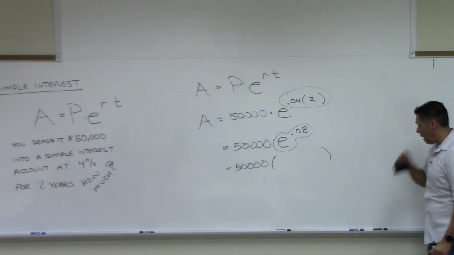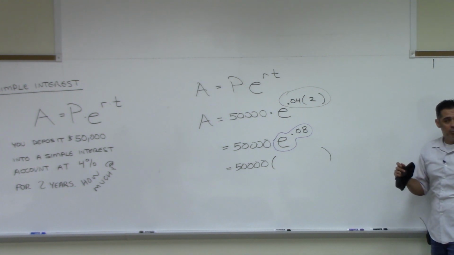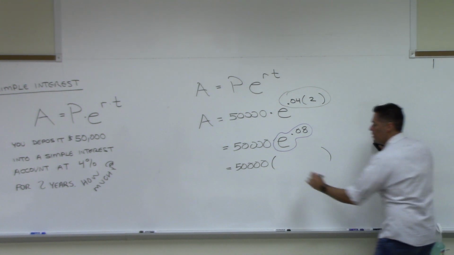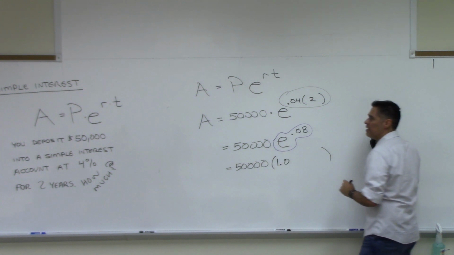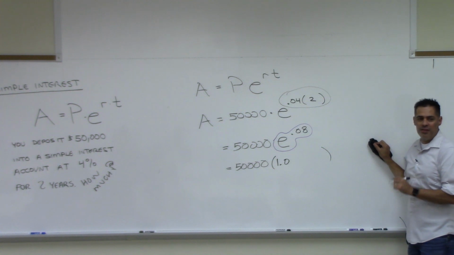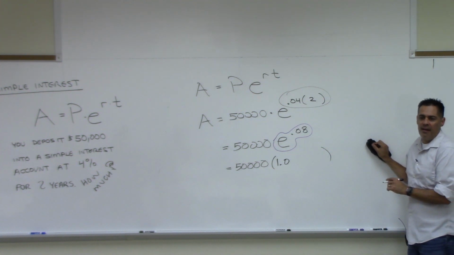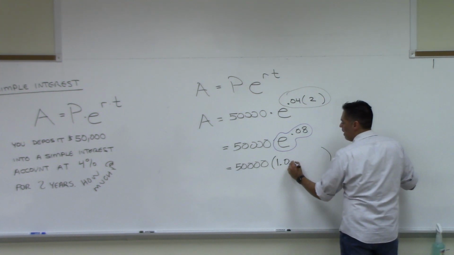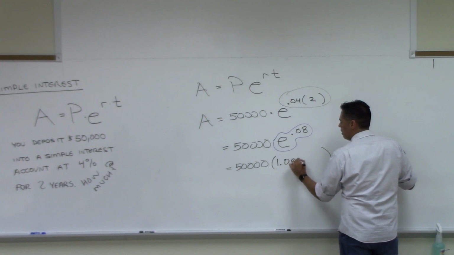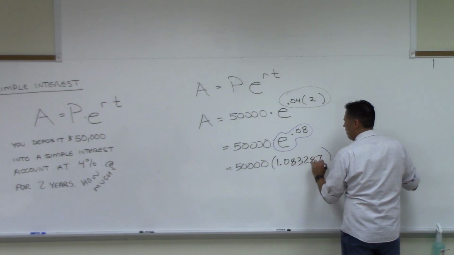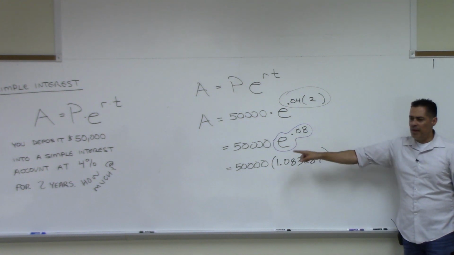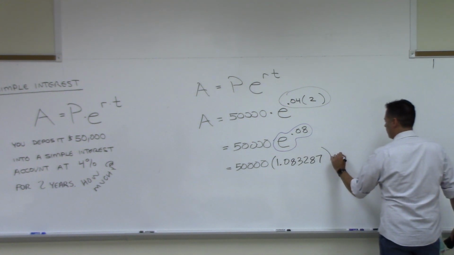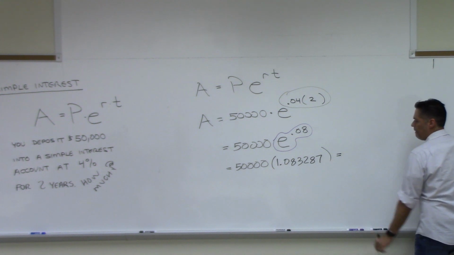Okay, for these problems, you want to go as many decimals as your calculator gives you, just to get an accurate answer. 1.083287. Okay, good enough. Let's just use that. Multiply that times 50,000, and somebody tell me the answer here.